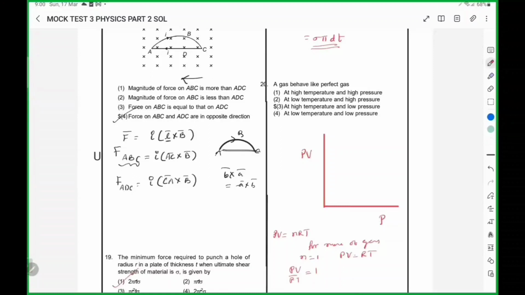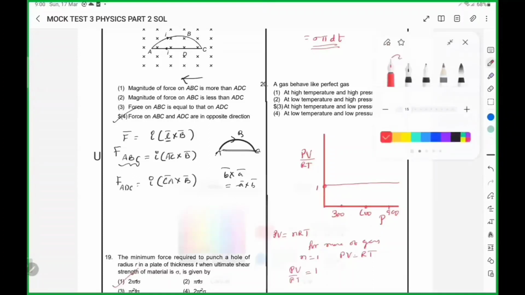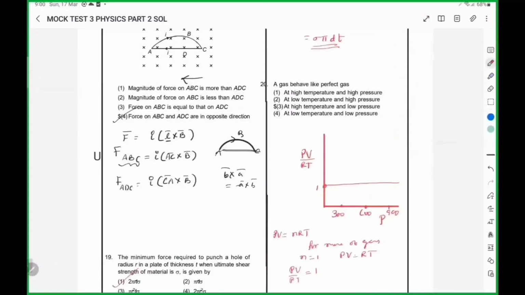Here you draw PV by RT for an ideal gas. PV by RT is fixed at 1. But as we change the pressures, let us take some different pressures, the graphs they observed at 200 Kelvin at different pressures.